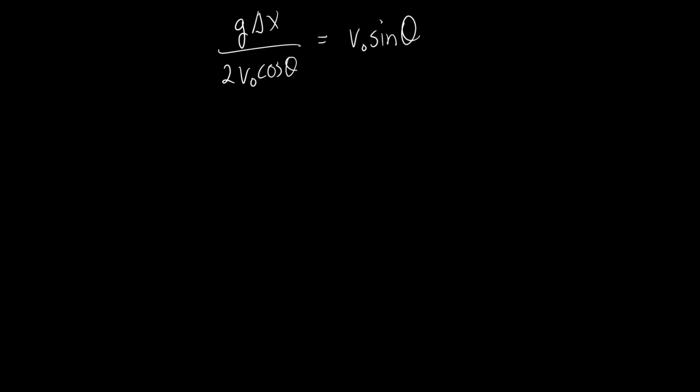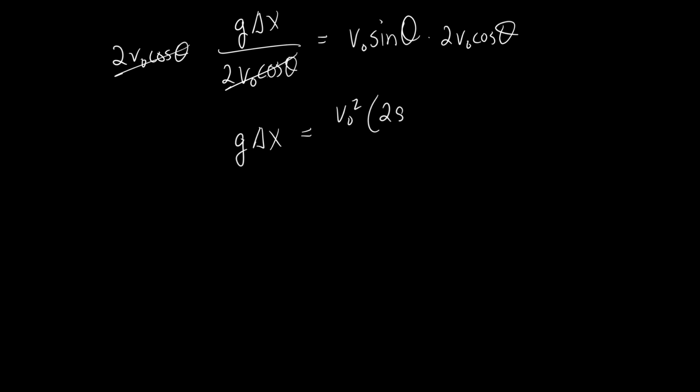All right, so when I multiply by the denominator, 2 v naught cosine theta on both sides, that gets rid of the denominator there. I get g delta x on this side. I'm going to combine the two v naughts and write this as v naught squared times 2 sine theta cosine theta all over g.